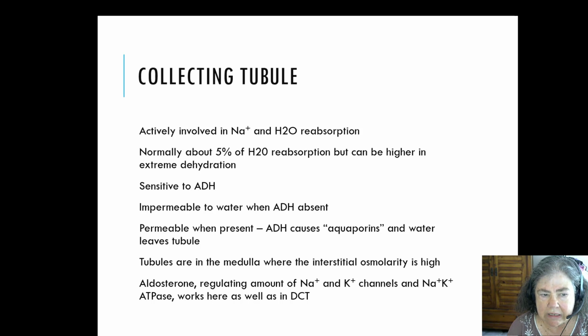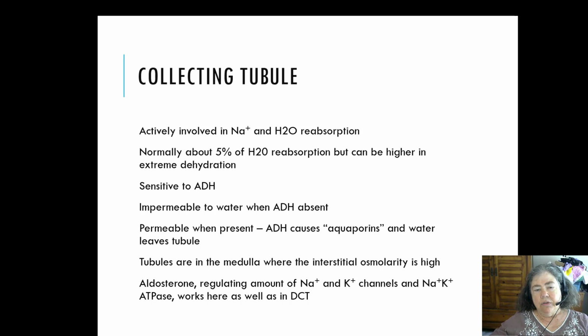When there is no antidiuretic hormone, the cells lining the collecting tubule are completely impermeable to water, meaning that all the water stays within the tubule. When antidiuretic hormone is present, then those cells make aquaporins, water channels, and water can diffuse out of the lumen and water leaves the tubule. Those tubules, if you remember, well, the loop of Henle is in the medulla, but so is the collecting tubule.